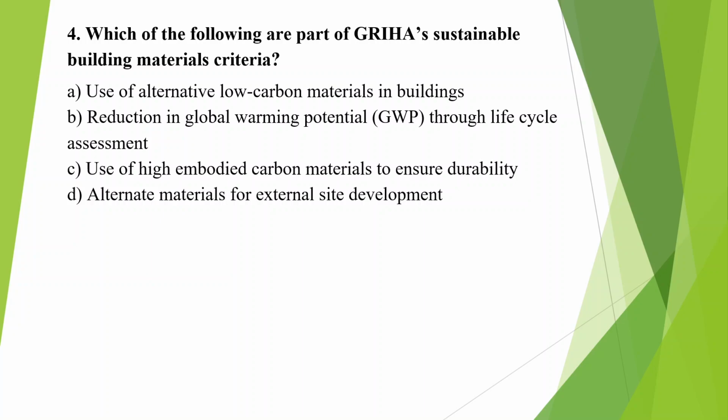So what is mentioned in option C, the use of high embodied material, is completely opposite of Griha's award points. It is based on low carbon materials, focusing on global warming potential reduction, or alternate materials for external works. So option C was not the correct answer, and you have answered it correctly.